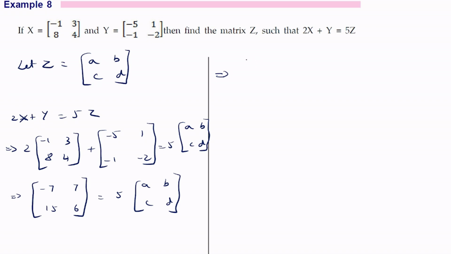This implies minus 7 by 5, 7 by 5, 3, 6 by 5. This is equal to the matrix Z. So this is the required matrix.